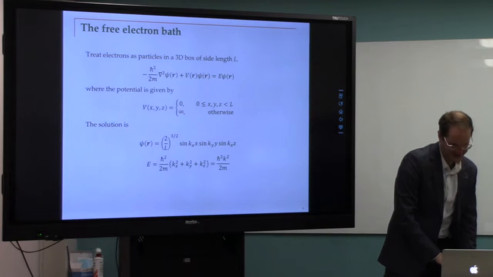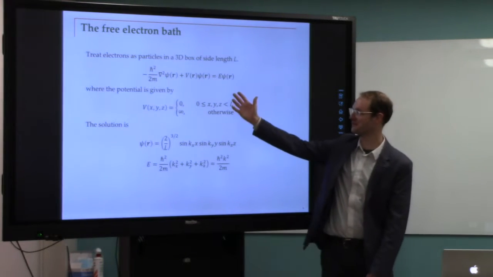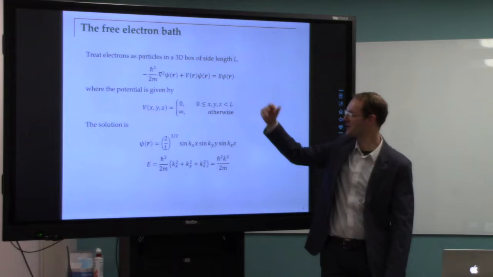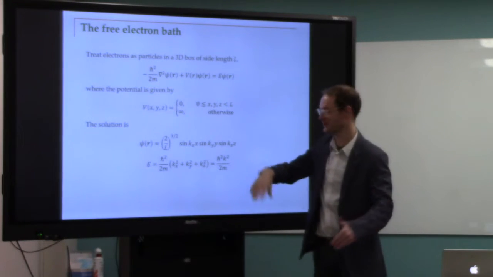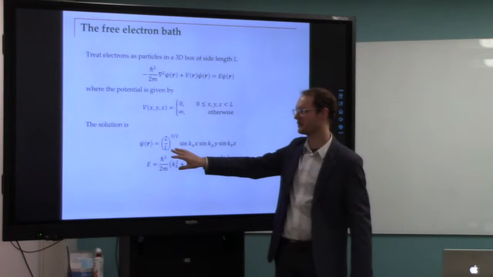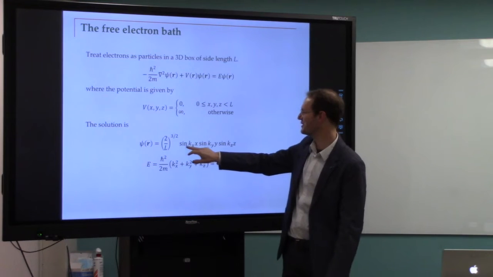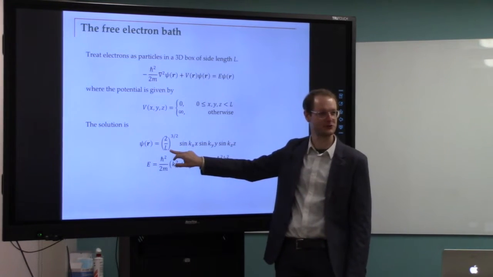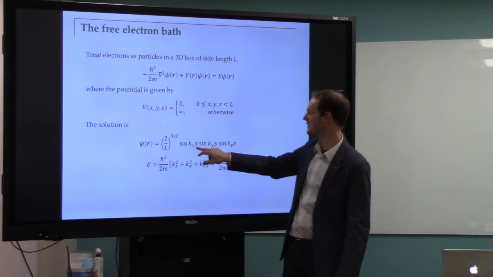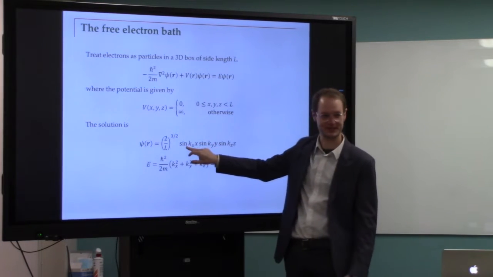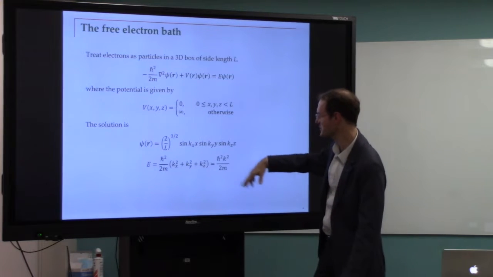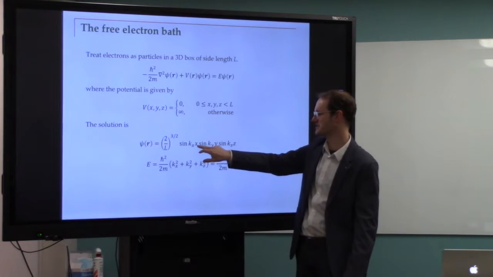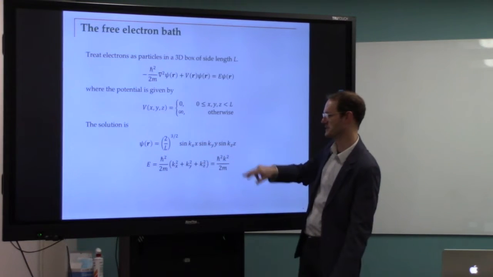Okay, and I think that we're very well familiar with this problem, so I'm not going to take you through the solution, but just to remind you what the solution is, for each degree of freedom, x, y, and z, you get a normalization factor of square root of 2 over L, and then a wave function that oscillates like a sine wave. So you get sine of kx times x, ky times y, kz times z.